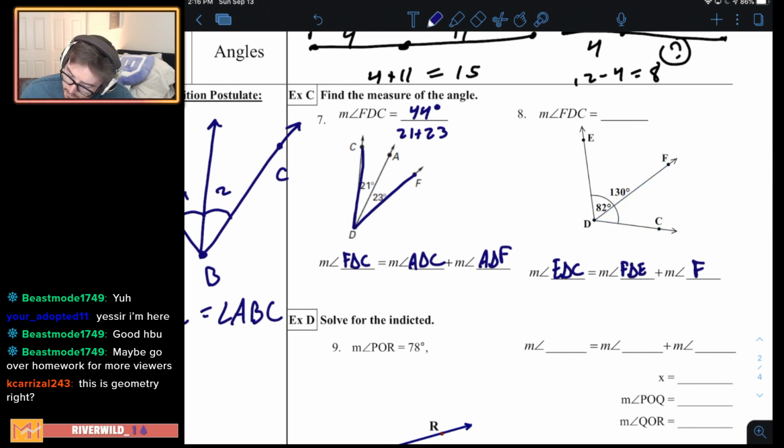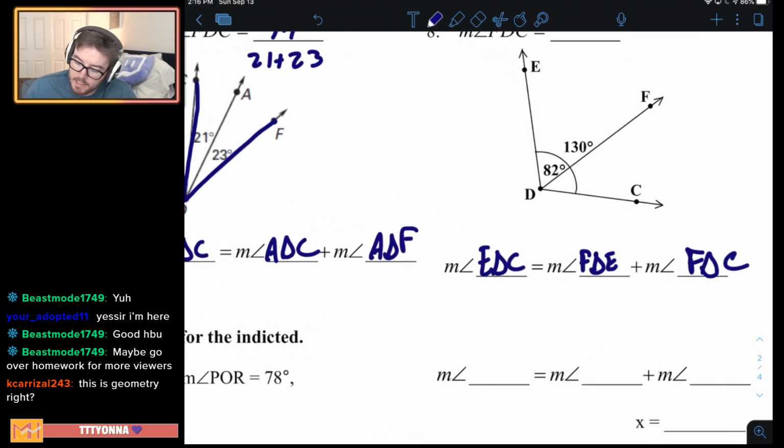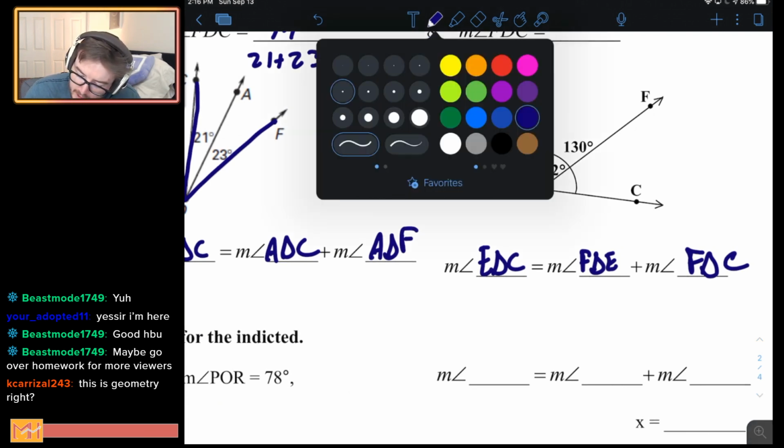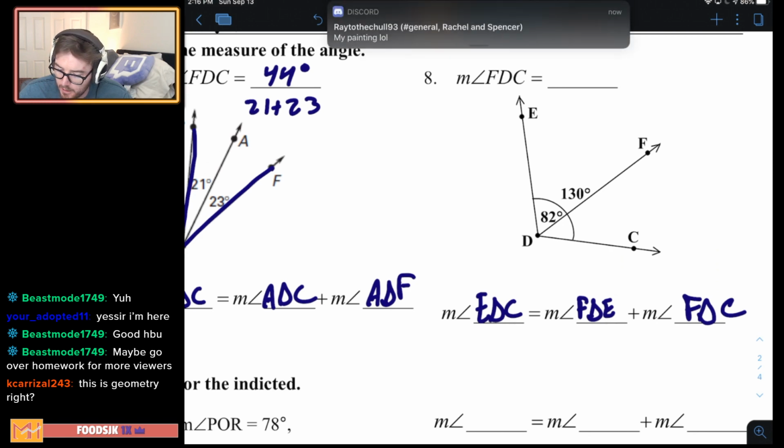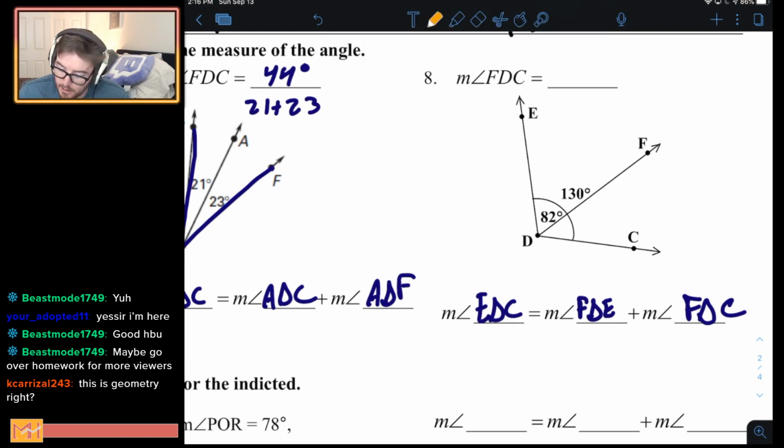That's what we got, but take a look at what 130 is labeling. 130 is labeling the entire piece, right? It's labeling the entire thing.